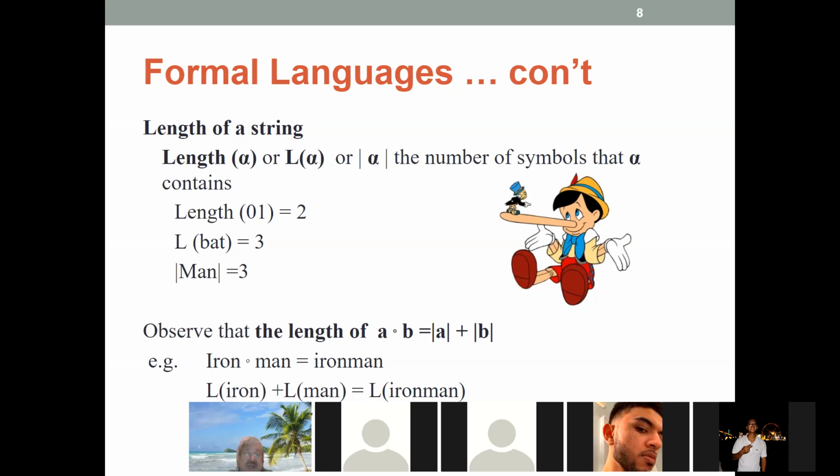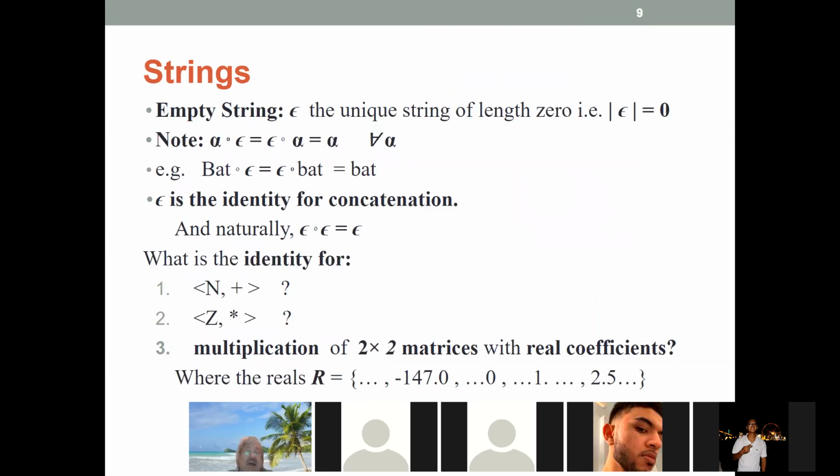Anvin, you can take us to the next. We got a special string, since we're talking strings and alphabets, epsilon. It's the unique string whose length is 0. So put epsilon in brackets.